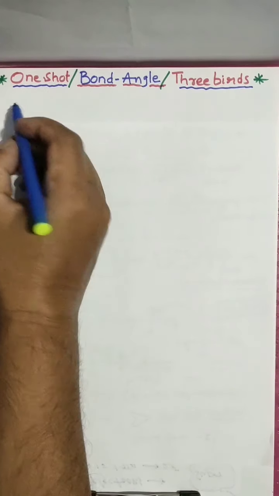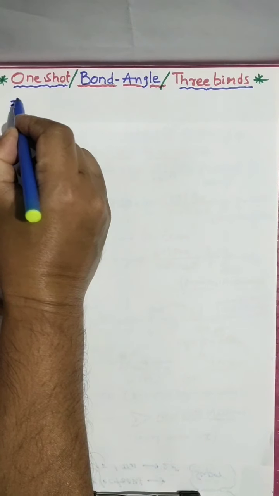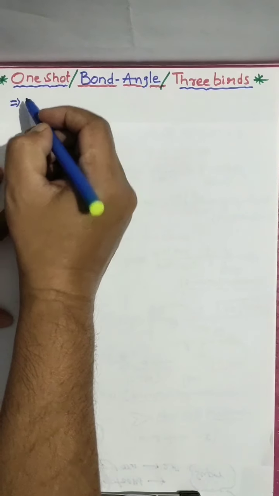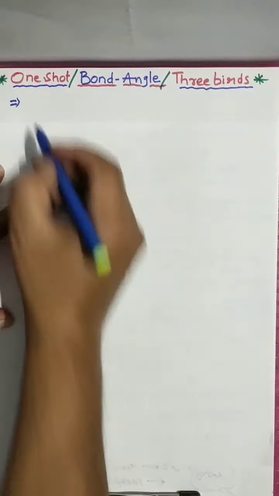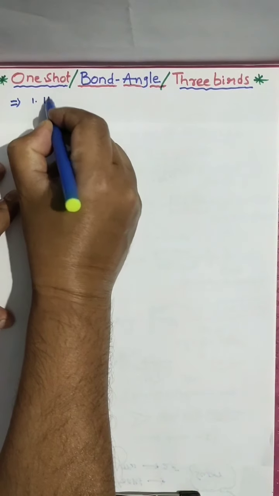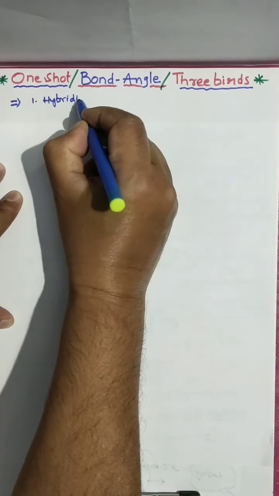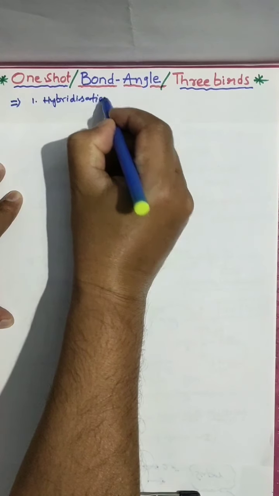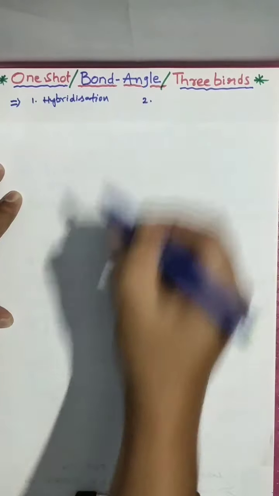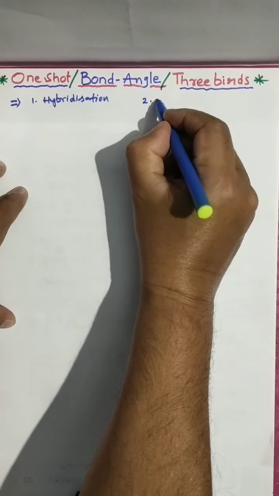So bond angle depends mainly on four factors. One is hybridization. The second one is number of lone pairs.